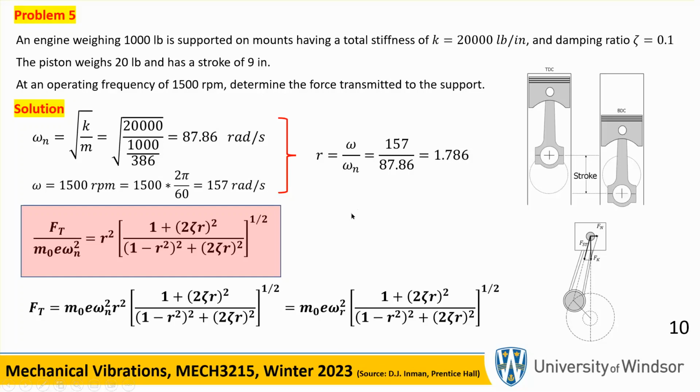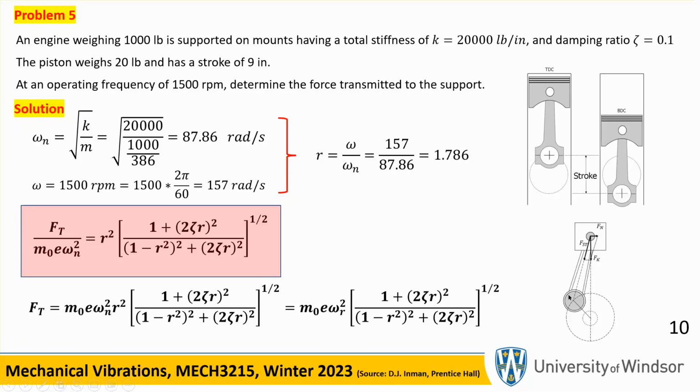Yeah, somebody actually could have given us m naught times E, okay? And then we would have solved the problem the same way, except that I'm telling you that for a problem which involves the motion of a single cylinder engine, this is one way of solving the problem.